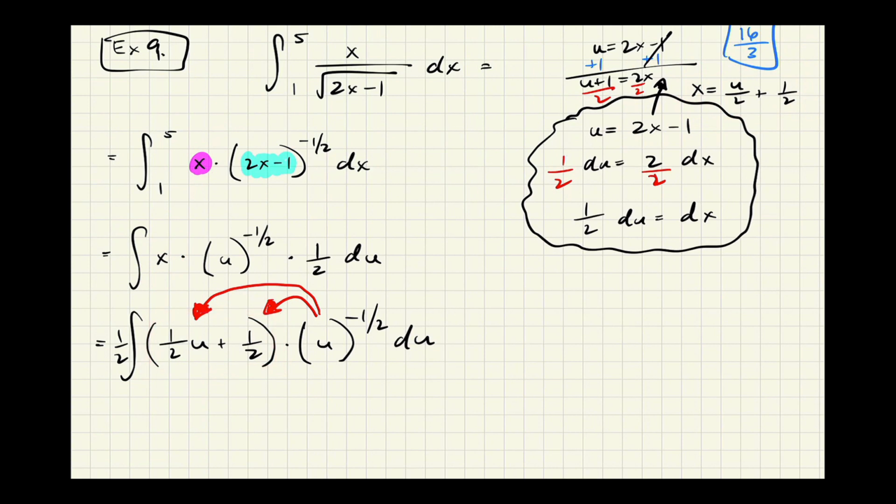So I got to distribute. I haven't done the antiderivative yet. But you would get, let's see, 1/2 u to the 1/2 plus 1/2 u to the negative 1/2.